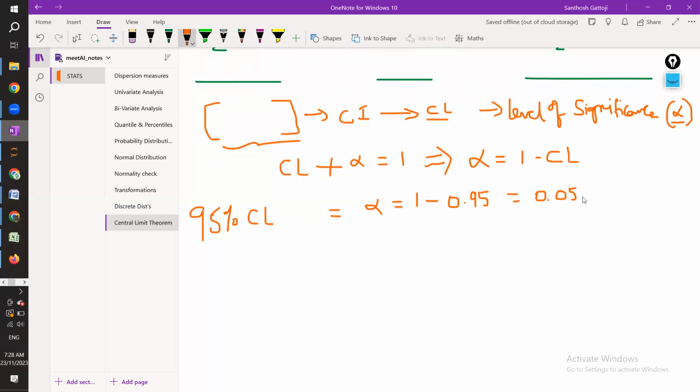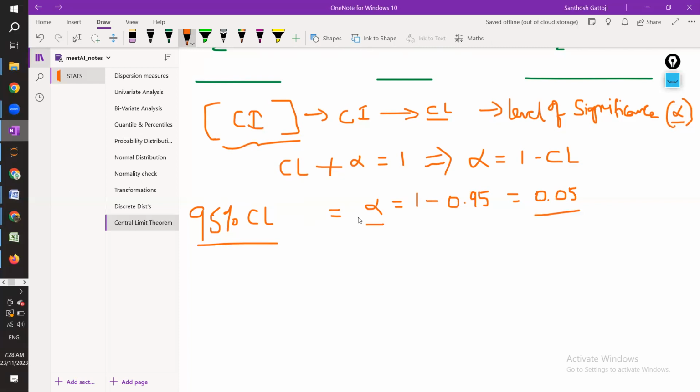Agree? So this means we are proposing a confidence interval with a 95% confidence level, and the level of significance is 0.05.